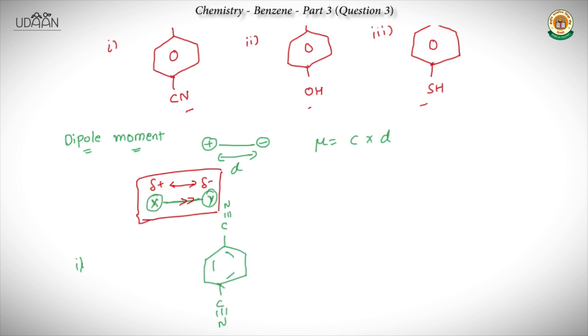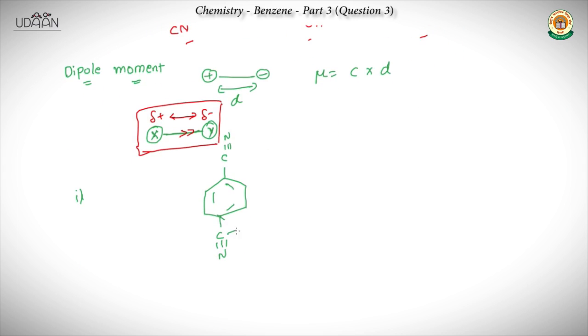As you see here, this carbon and this nitrogen both are sp hybridized. That is, they have a linear structure. So you can observe that this lone pair and this lone pair cancel each other. That is, their dipole moments cancel each other.